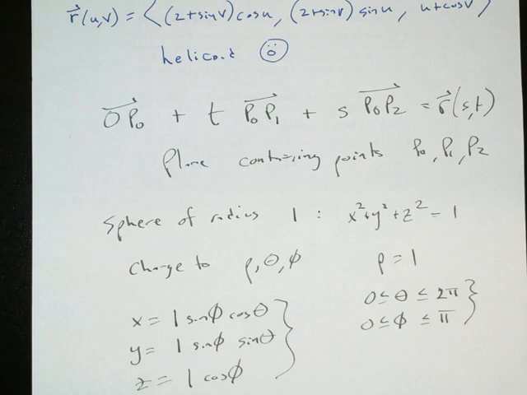Do I have to go all the way around in both? No, because I only go from up to down. Because I can do that on this side and I can do that on this side. I don't have to go all the way around. I have to go halfway around the ball and then all the way around the ball once.